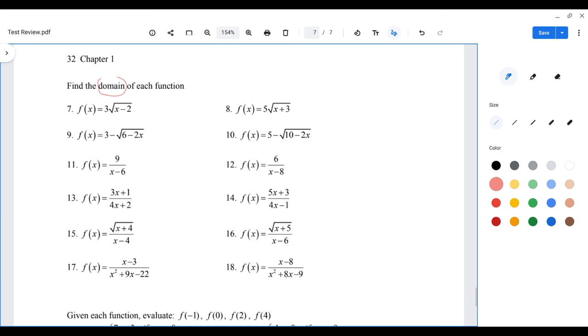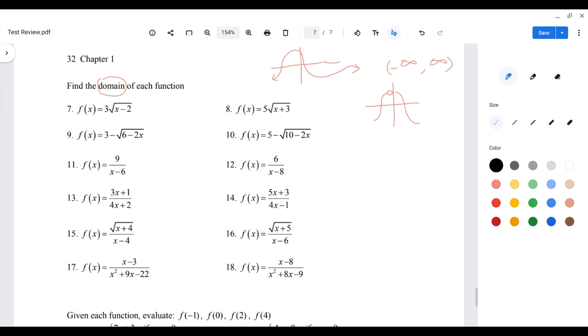So let's look at domain. What's a domain when you have an equation? When you have a function, it's usually something like this, okay? If you look at those, domain usually goes from negative infinity to infinity. However, there could be some point that cannot be included.